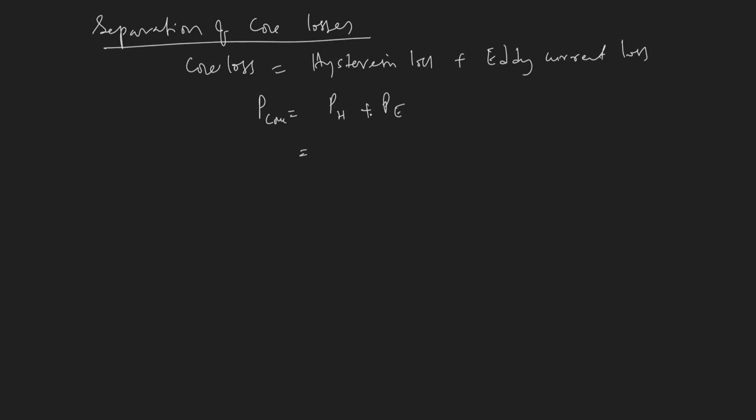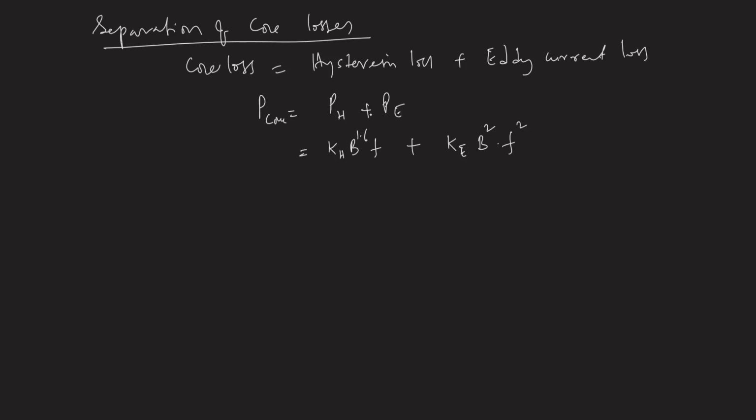Okay, and this P_H is, we know, some constant K_H multiplied by B to the power of 1.6 F, plus the eddy current loss is K_E B squared F squared, right?